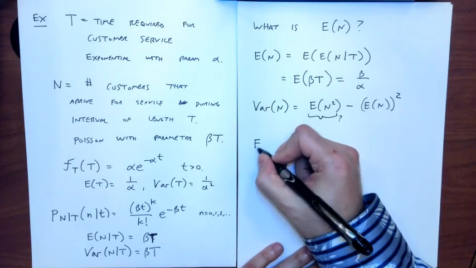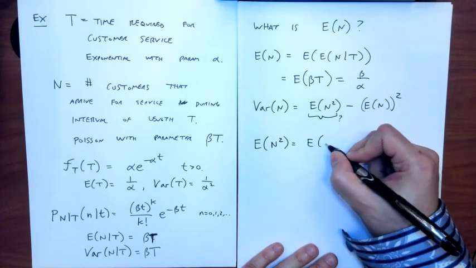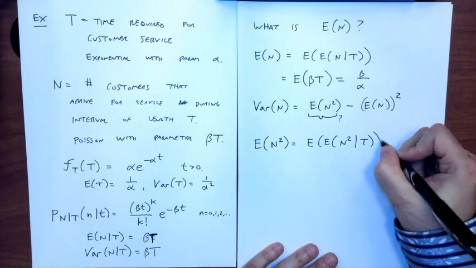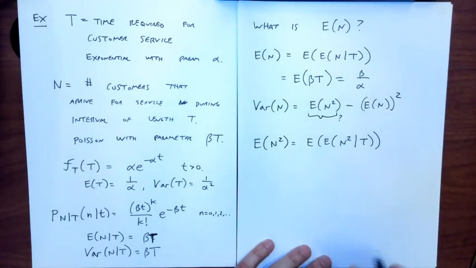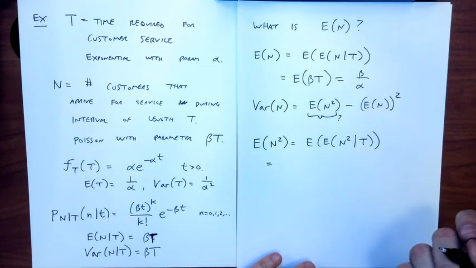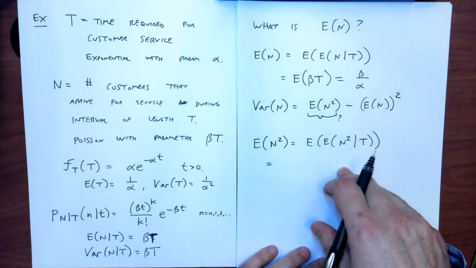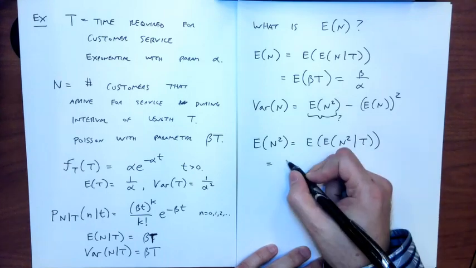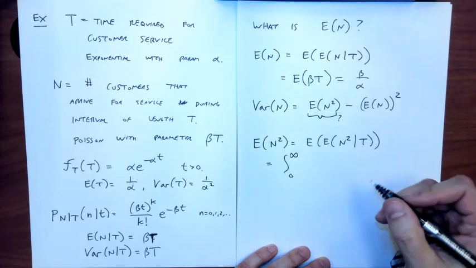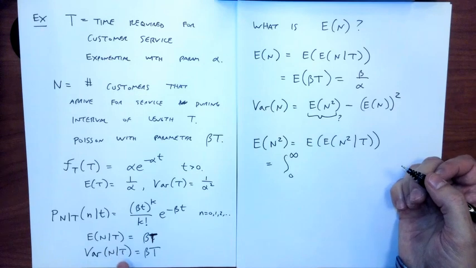I didn't explicitly say it before, but I can plug in any function here and apply this iterated rule. Same idea, but here I have to actually do this integral.